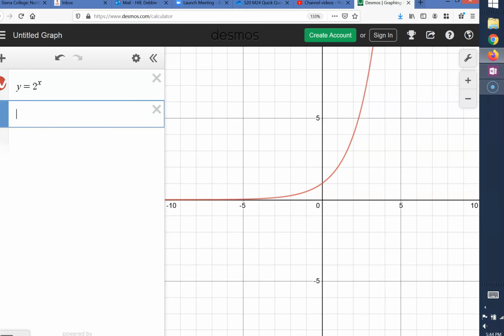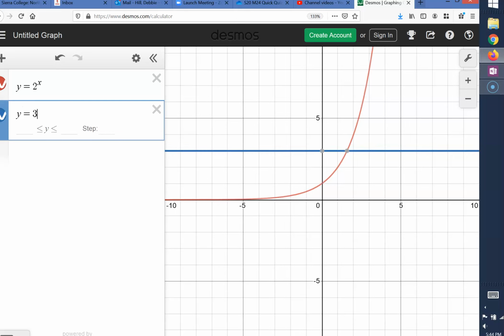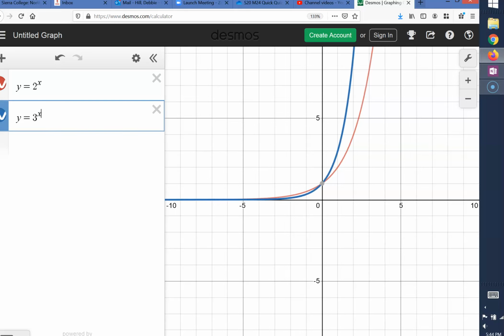So then let's see what happens if I do 3 to the x and see what changes. Well, you still have that y-intercept of 0, 1, but you can see that the 3 to the x graph grows faster. It's steeper. And then if we say 4 to the x, it's steeper yet. So when you make the base larger, the graph grows faster.